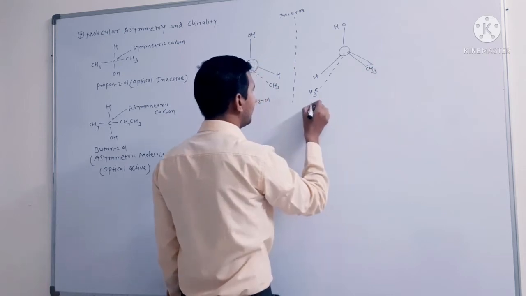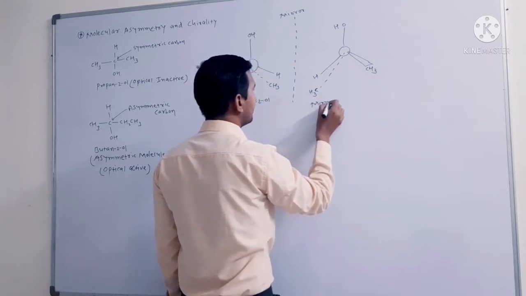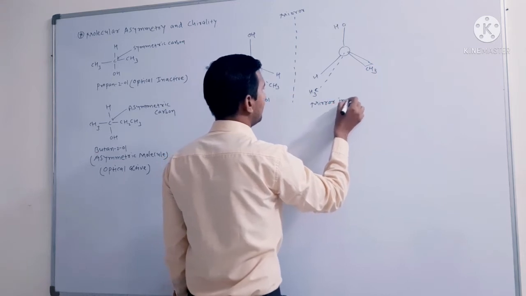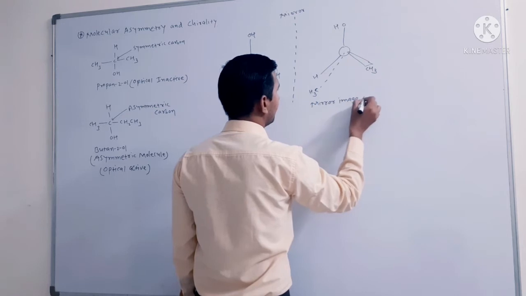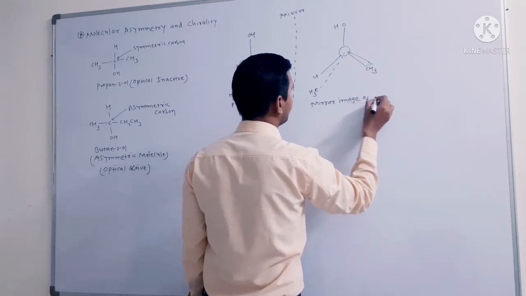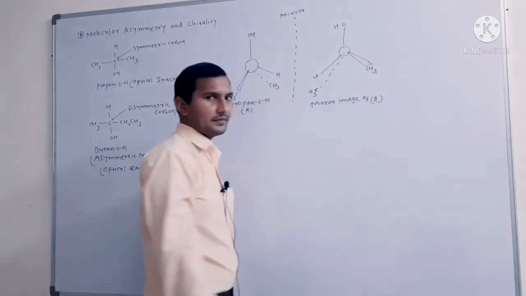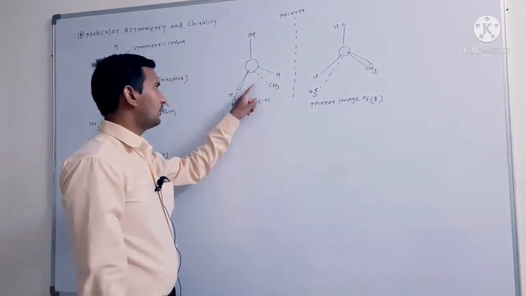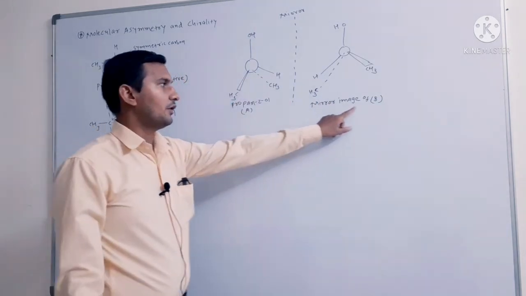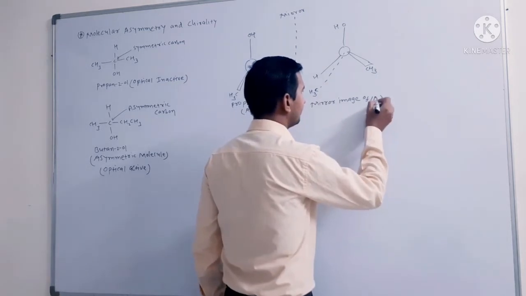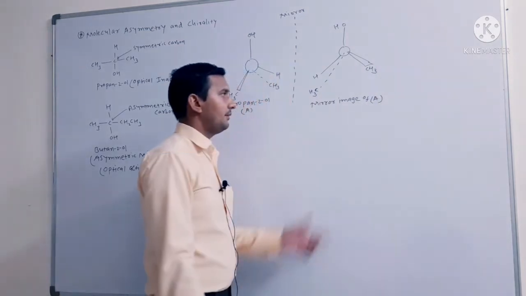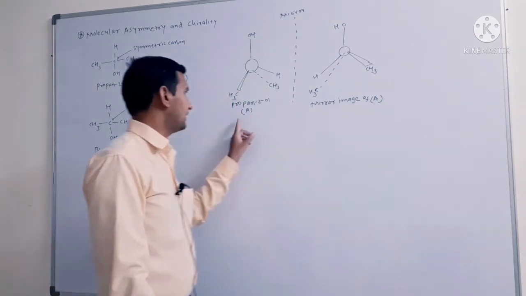This is called the mirror image, which we can call B. This is propanol structure A, and this is the mirror image of A, B.